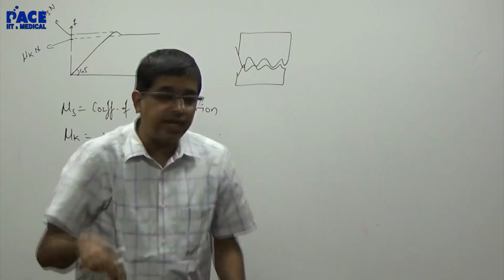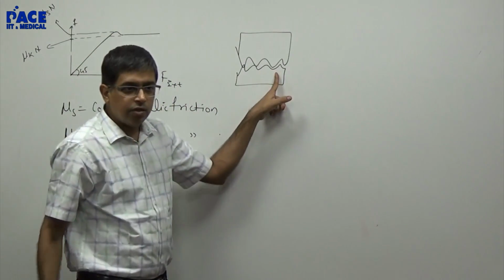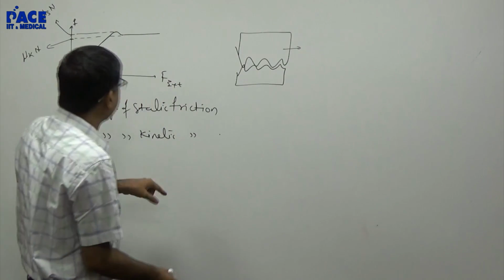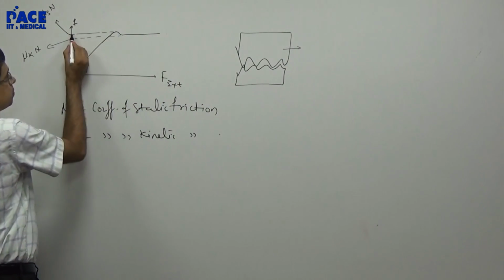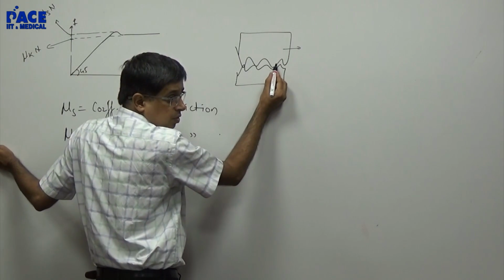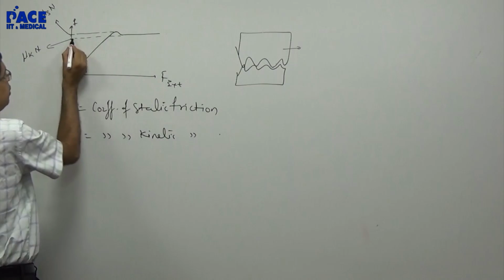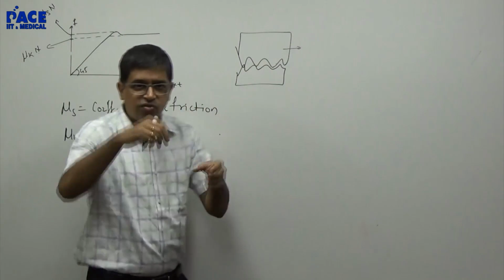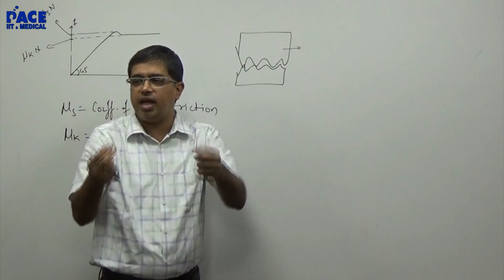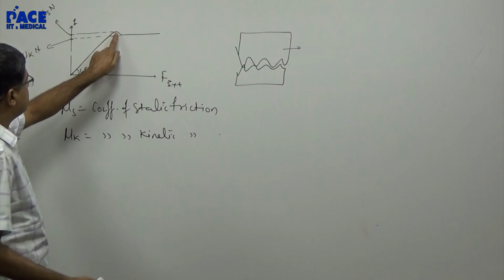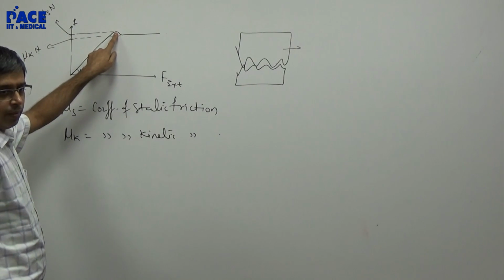These peaks will sit into the other peak. For you initially to make it start, I will have to apply slightly greater force. Once it starts moving, this will drop. So then it will be mu k into n. To lift this from the grooves that it is sitting in, I need to apply slightly greater force. Hence this will be mu s into n.